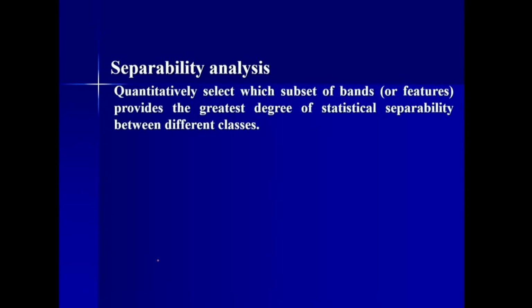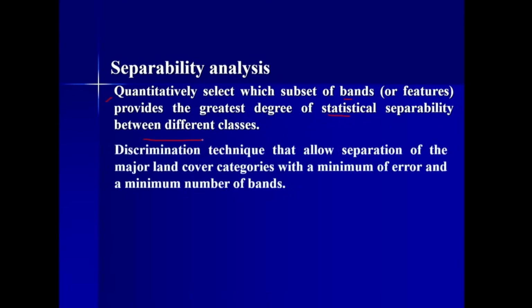Now coming to separability analysis, it is basically to quantitatively select which subset of bands. If you have 10 bands, out of 10 you may have, suppose, 6 bands, and that means out of 10, 6 bands are enough to map the given number of classes from the image. So quantitatively we can select which subset of bands provides the greatest degree of statistical separability between different classes.